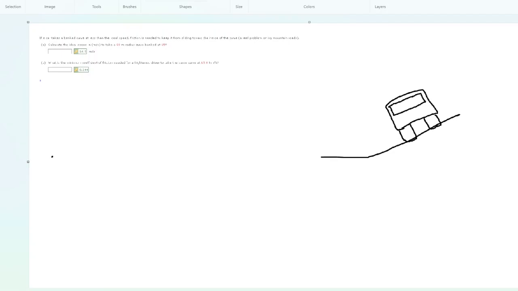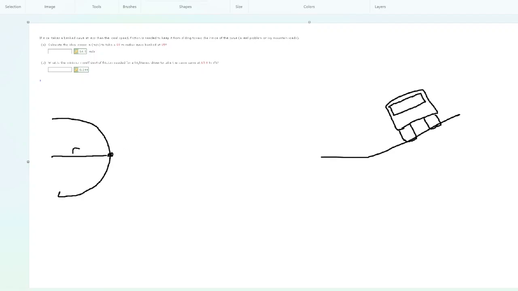When you are driving around a banked curve, let's imagine that this is the top view. This is the radius, and this is going to be the road right here.